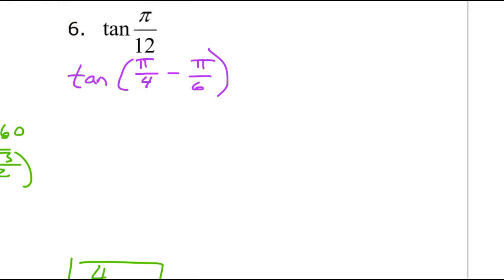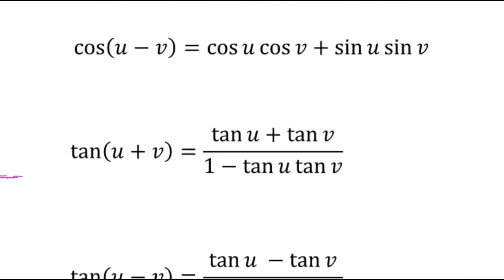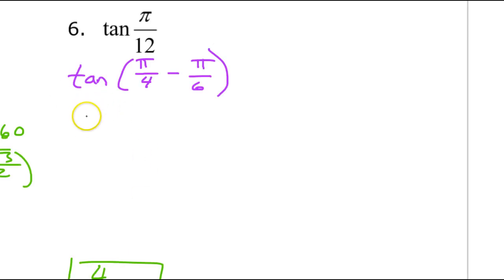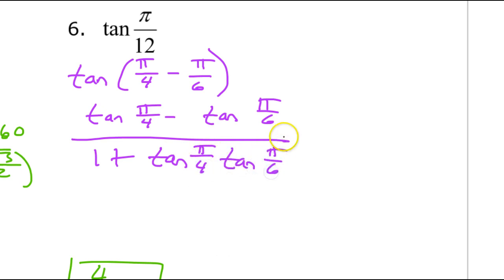Okay, now how do I do the tangent of something minus something? So it'll be tangent minus tangent over 1 plus tangent tangent. So I'm going to do tangent of pi over 4 minus tangent of pi over 6 over 1 plus tangent pi over 4 tangent pi over 6.